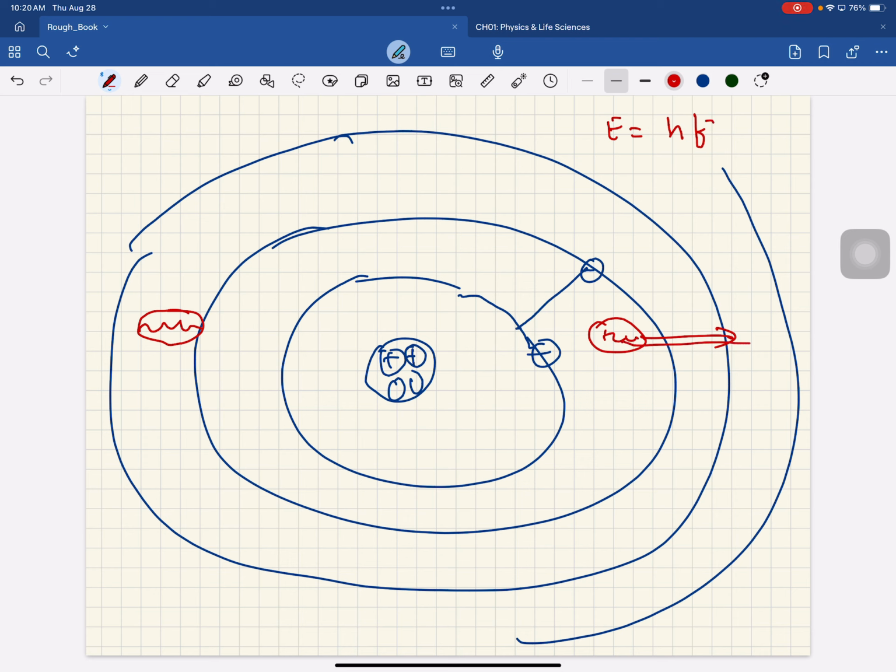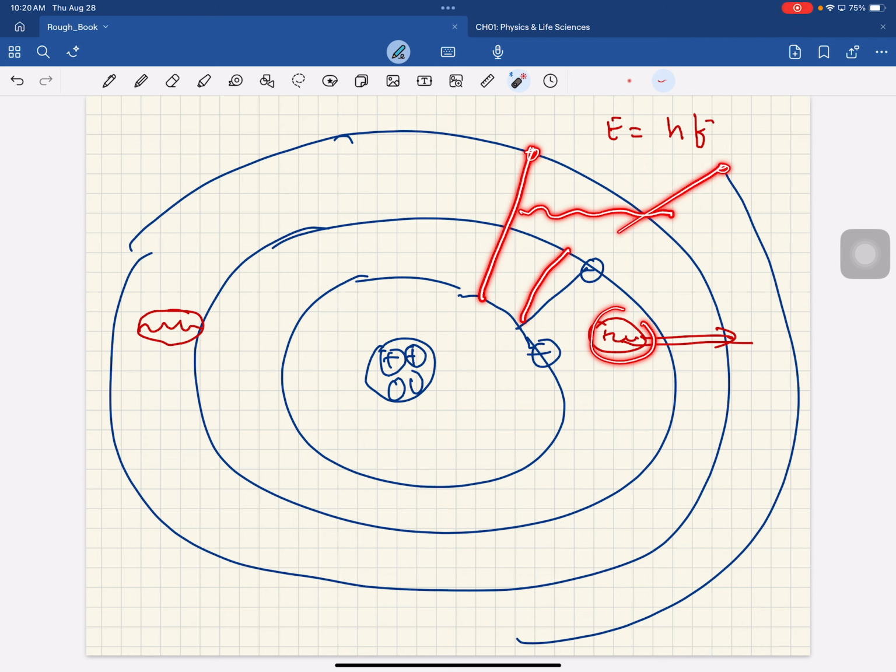So the photon energy is h times the frequency. Now every atom emits a unique set of frequencies. So when the electron falls from here to there, it emits this photon. When it falls from here to there, it will emit a higher energy photon.